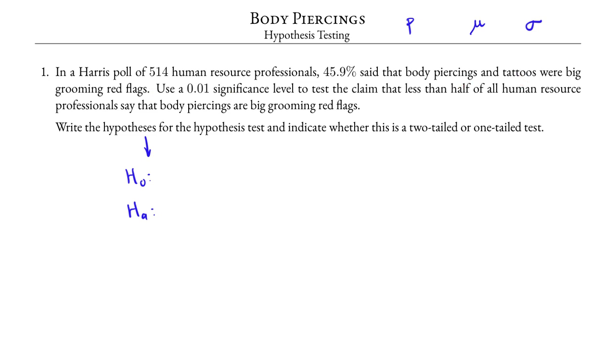The answer would simply be yes or no. And so this is a categorical variable. And since this is about the proportion, we are testing the claim about the population proportion p. And so the statements for the null and the alternative hypotheses are regarding the population proportion p.